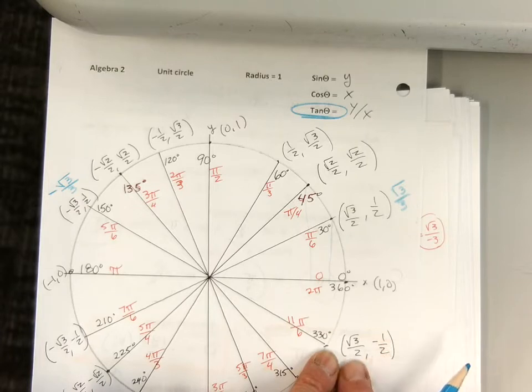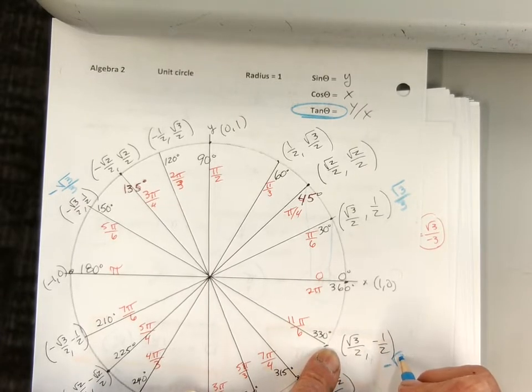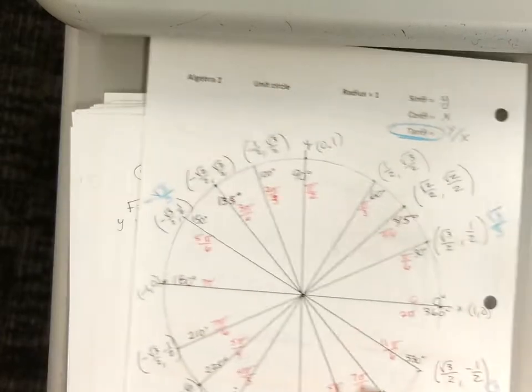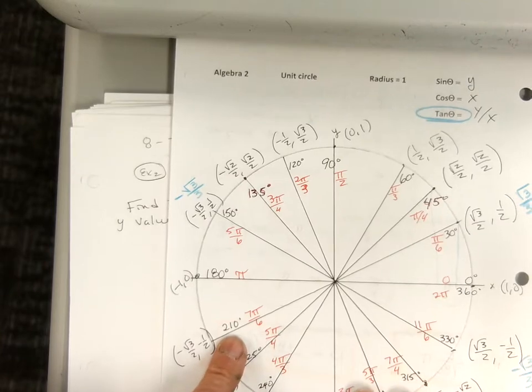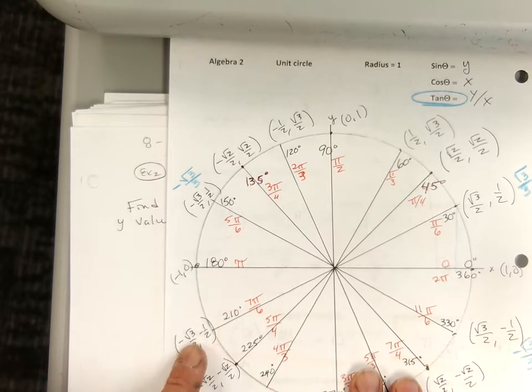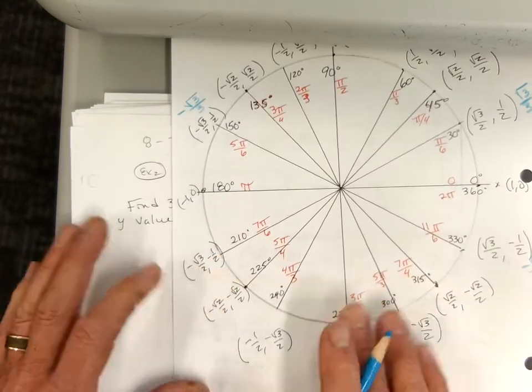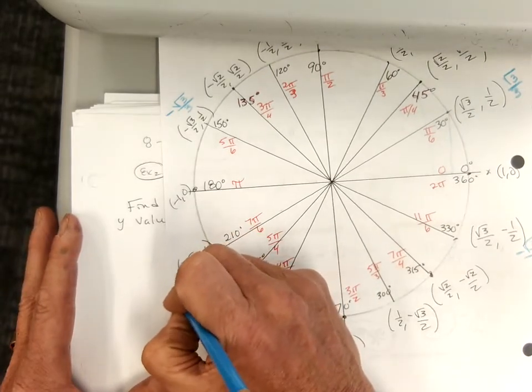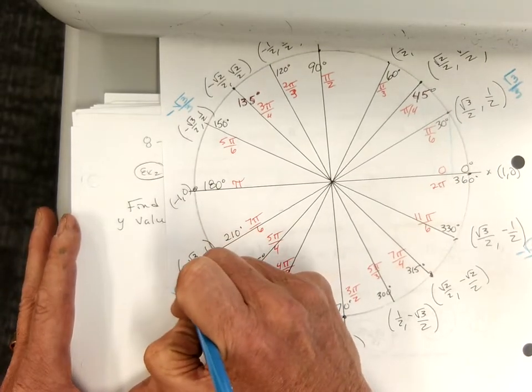It's going to be negative 1/2 over square root of 3 over 2, which is going to be a negative square root of 3 over 3. I also know at 210 degrees, we have the exact same thing, but it's a negative divided by negative. Negative divided by negative, the tangent value is a positive square root of 3 over 3.